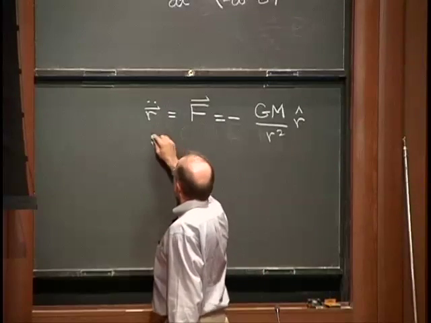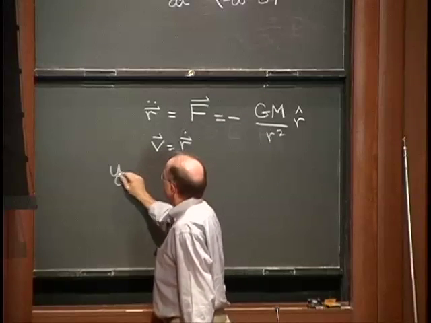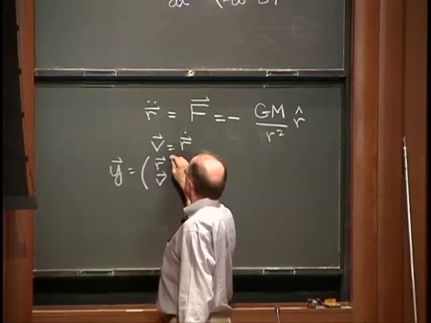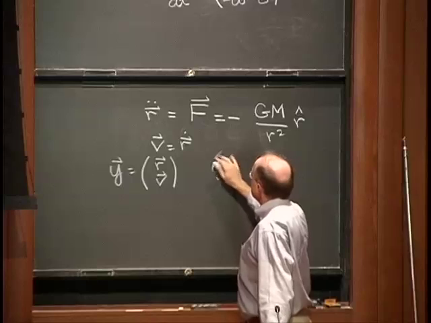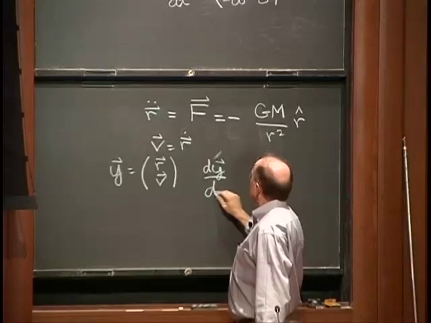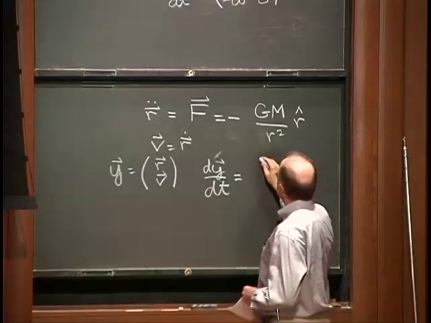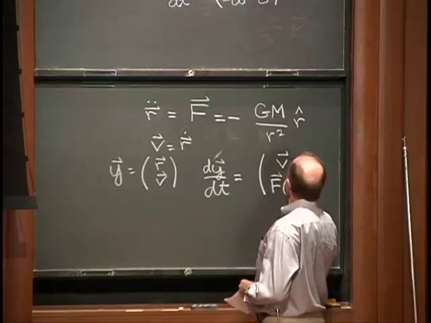Again, the velocity is r dot. The vector y is r and v, and dy/dt is just v, and the force is a function of position.